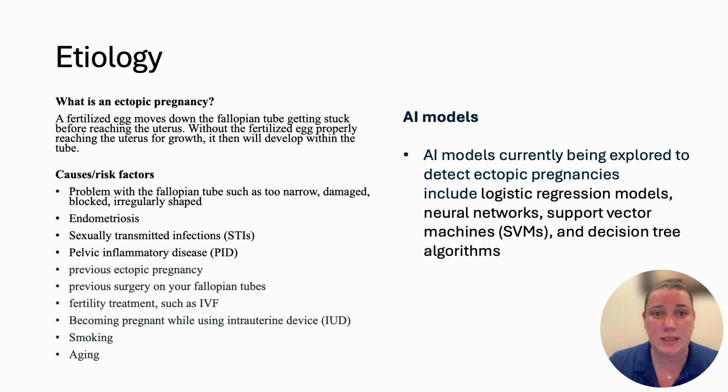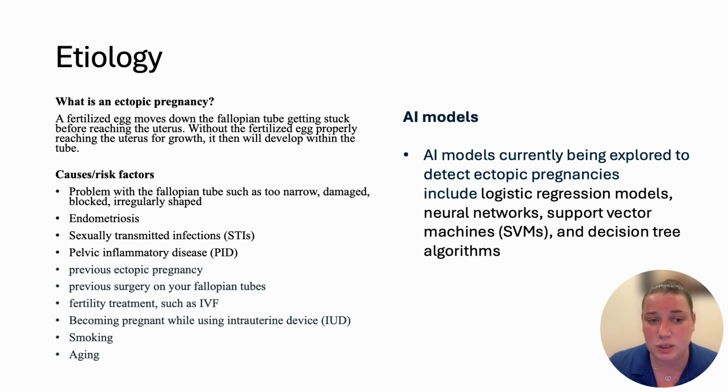An ectopic pregnancy is when a fertilized egg implants itself outside of the uterus. So for the remainder of this presentation, I will be going over the fallopian tube implantation, or a fallopian tube ectopic pregnancy, because even though this is rare, amongst the rarity, this is the most common type of ectopic pregnancy.